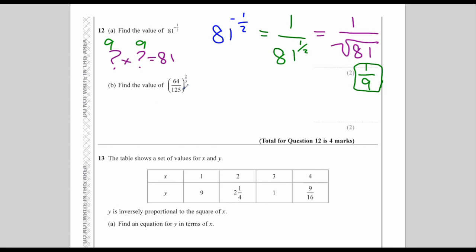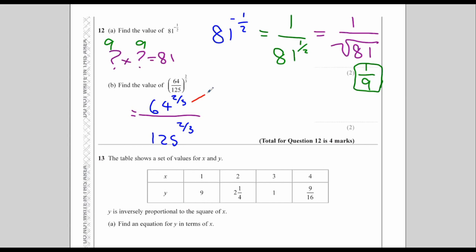Find the value of 64 over 125 to the power of 2 over 3. So, we can look at the top and the bottom separately. They're both to the power of 2 over 3. So we can write it like this. Now, 2 over 3 can be written as 2 times a third, because it's 2 lots of 1 over 3.